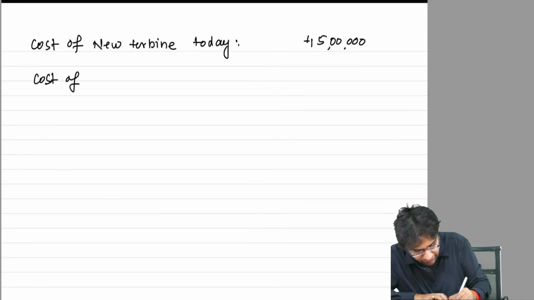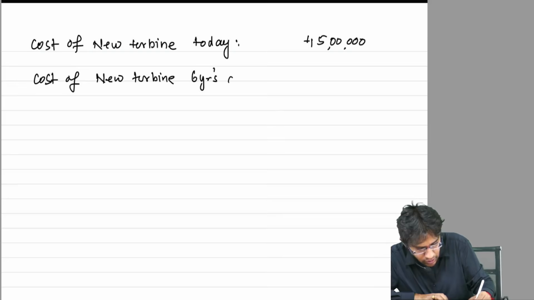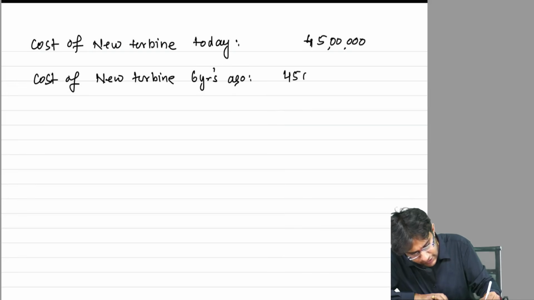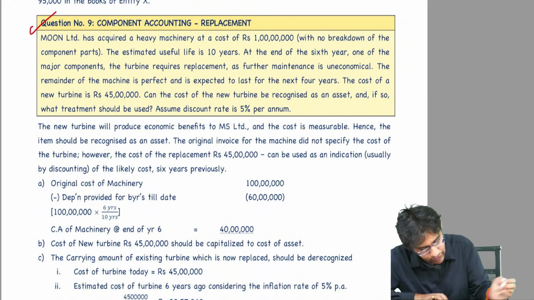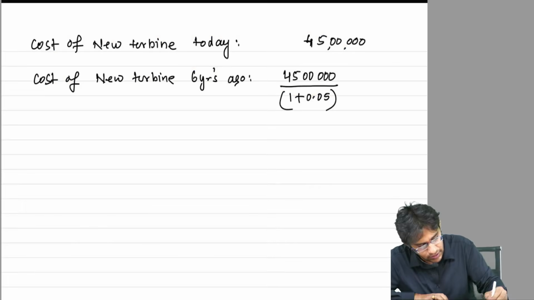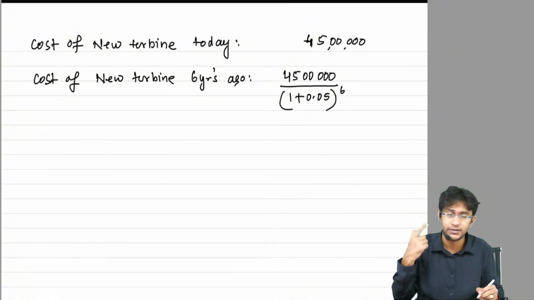Now, the cost of the new turbine 6 years ago is 45 lakhs divided by 1 plus 0.05, because in this question they have given you a discounting rate of 5%. 6 years back, you have to discount.